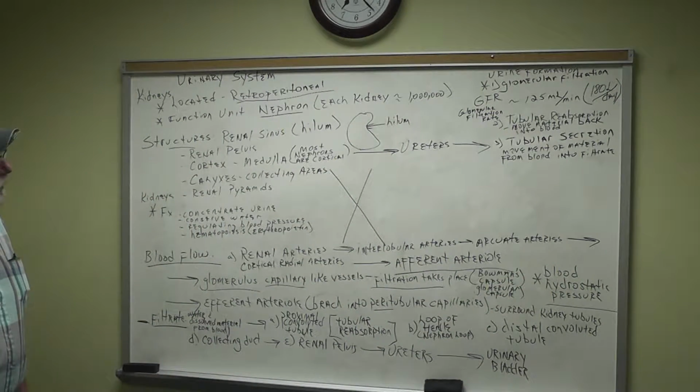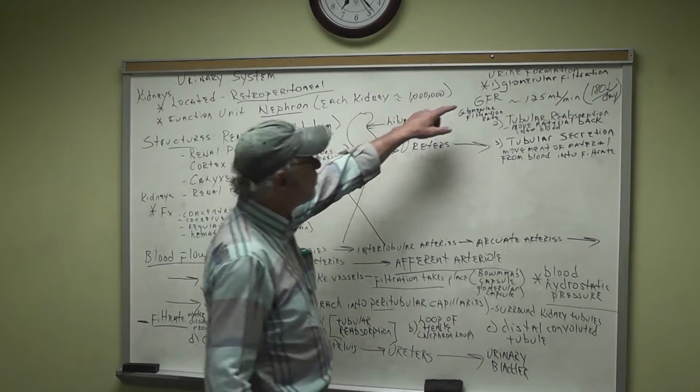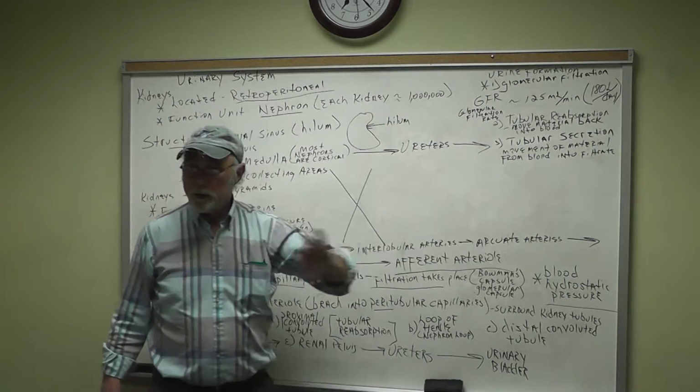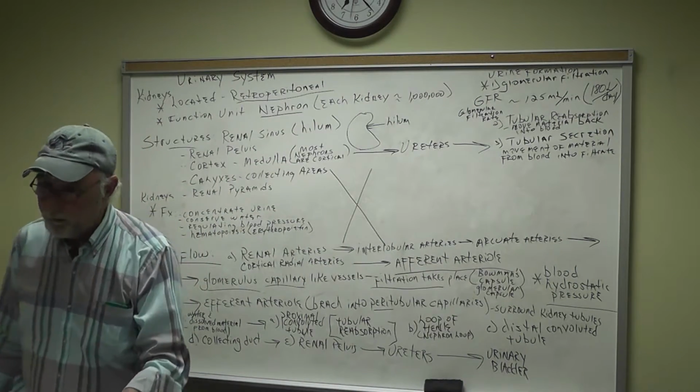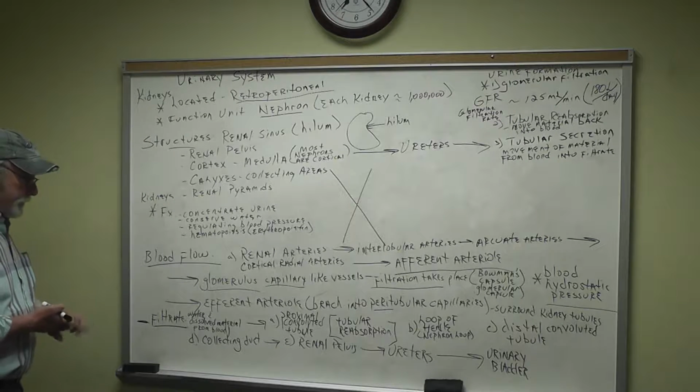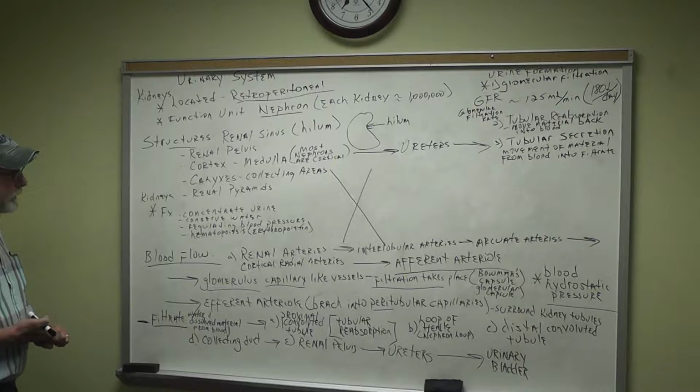All right? So we have filtration, reabsorption, and secretion. These are the three processes involved in urine formation, in cleaning out our blood, if you will, saving materials that we need, and getting rid of waste products and toxins, drugs or whatever we've put into our system that are not normal and not needed.